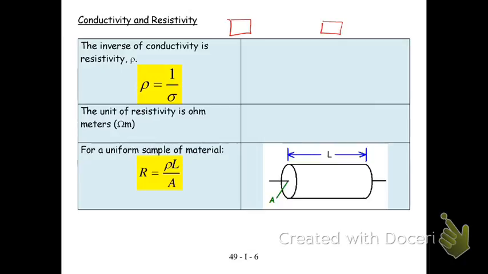That material has resistivity, but that sample has resistance. So resistance is like weight, and resistivity is like density. Maybe that's why they have the same symbol.